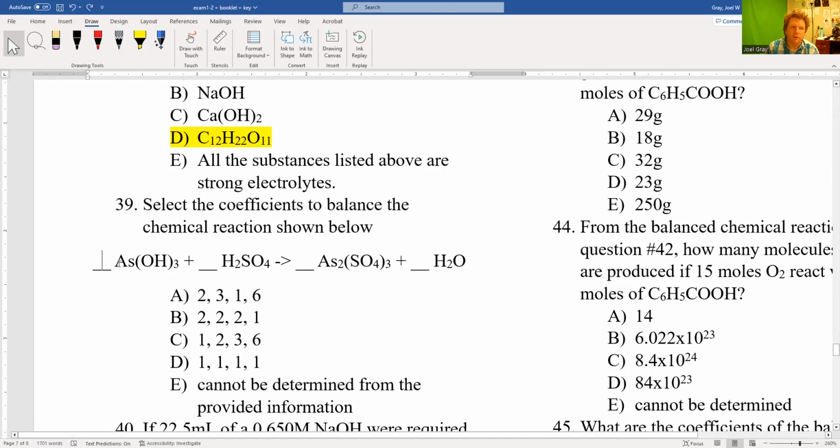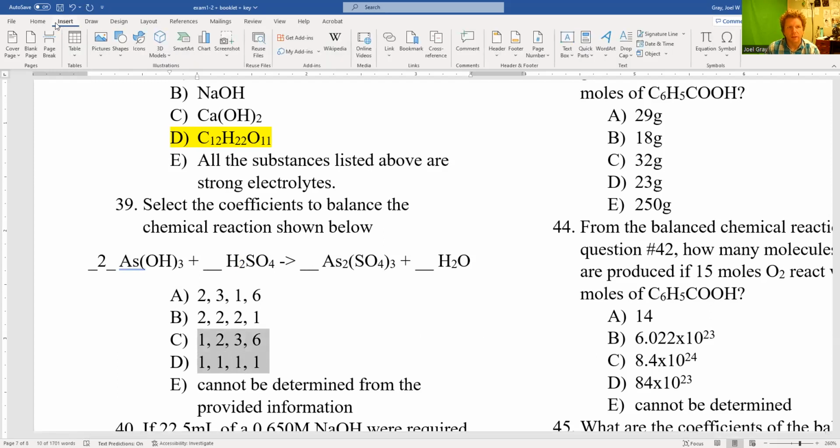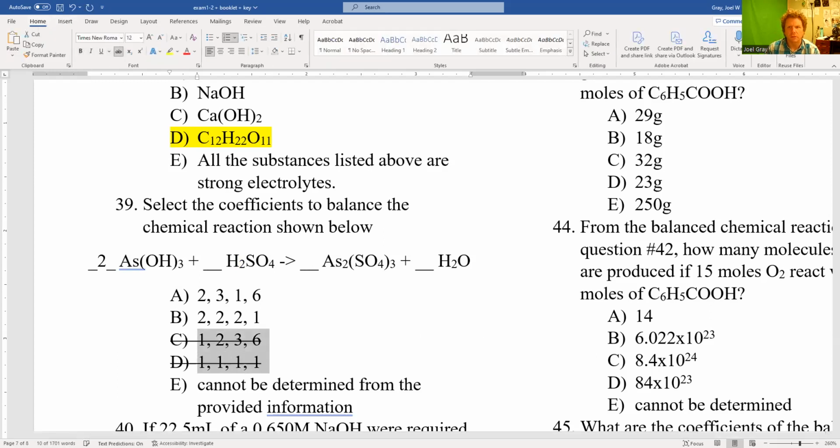Alternatively, you could look at it and say, if I have an Al here and I've got 2 Als on my products, I've got to have a 2 here. So C and D would be eliminated as good answer options. I'm going to cross those out. Then I've got a 2 or 3 for my next coefficient.